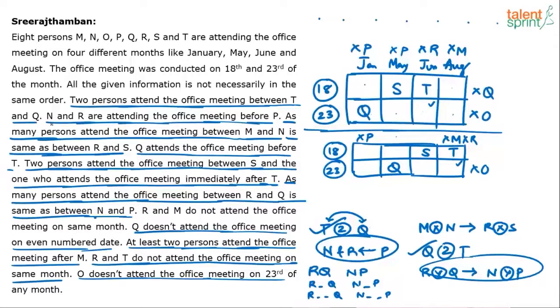N and R attend before P, alright. MN is same as RS. Q attends before T. 2 persons between S and the one who's after T. RQ same as NP. R and M do not attend in the same month, alright.